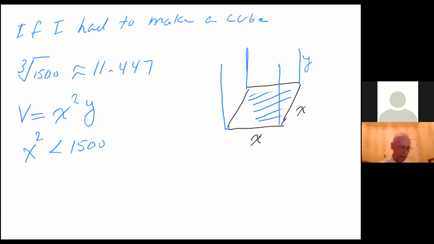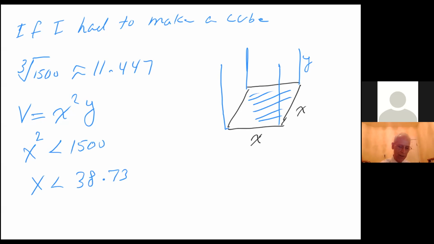So x is smaller than the square root of 1500, put that on the calculator, so x has to be smaller than 38.73. The reason I need this information is I want to know roughly where I am going to be landing with this problem.